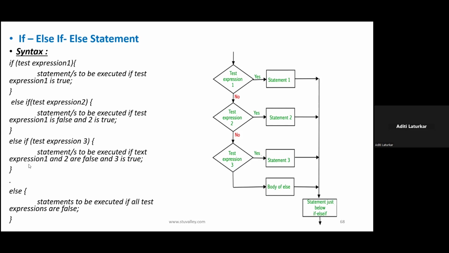If no condition is satisfied, then the body of the else statement gets executed at the end. Later, the statements just below the if else if statement, that is nothing but the sequential execution, gets executed. So we will perform this.